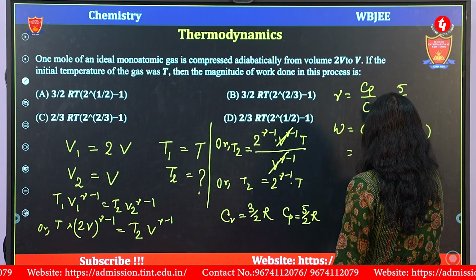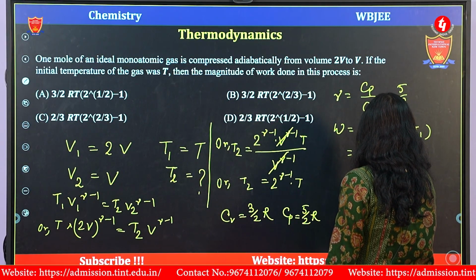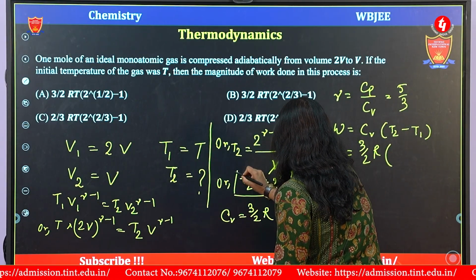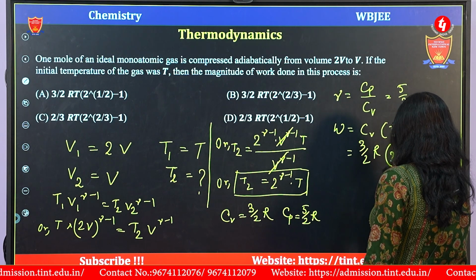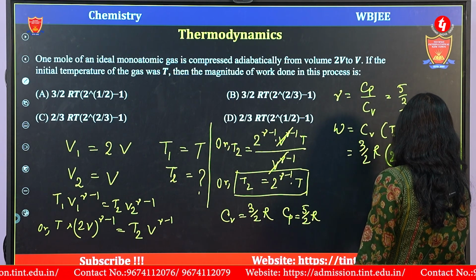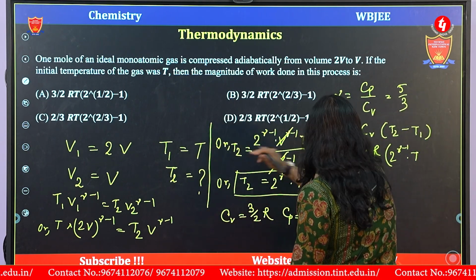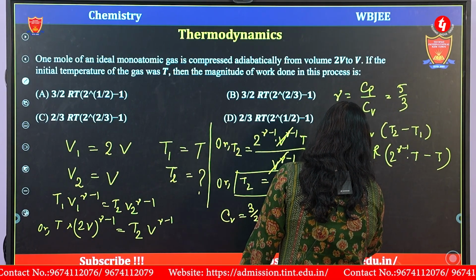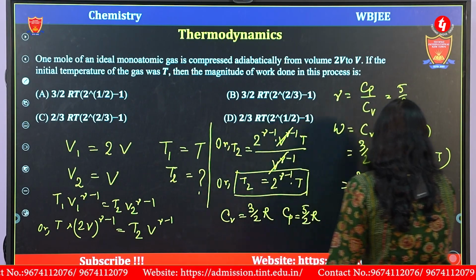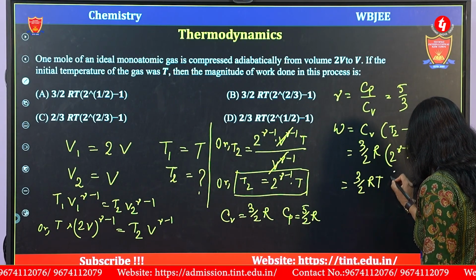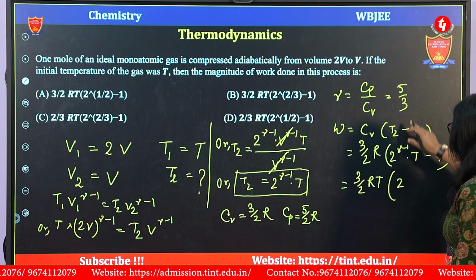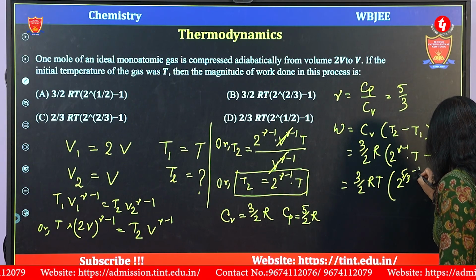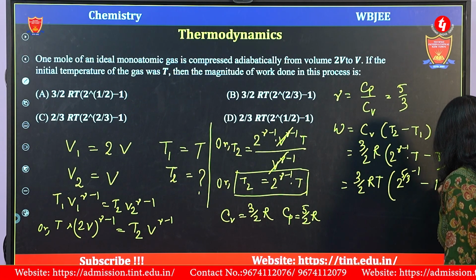Put the values: Cv equal to 3 by 2 R, T2 we got as 2 to the power gamma minus 1 into T, and T1 is equal to T. Put the value of gamma also, 3 by 2 R, taking T outside, gamma is equal to 5 by 3, minus 1, minus 1.